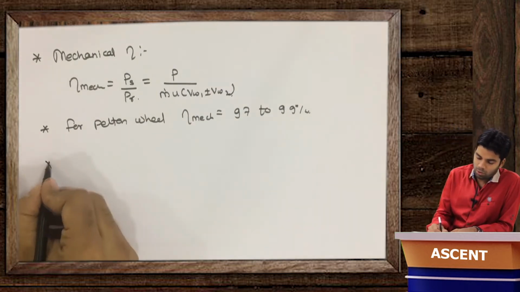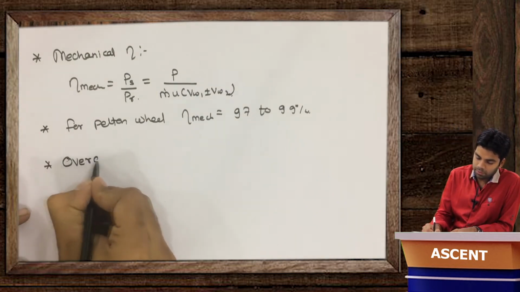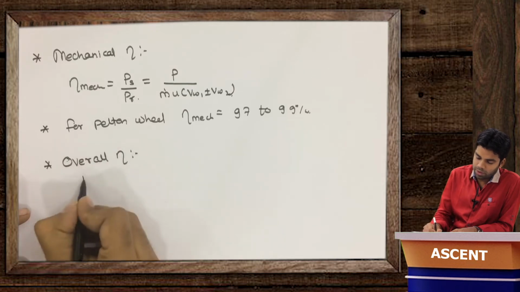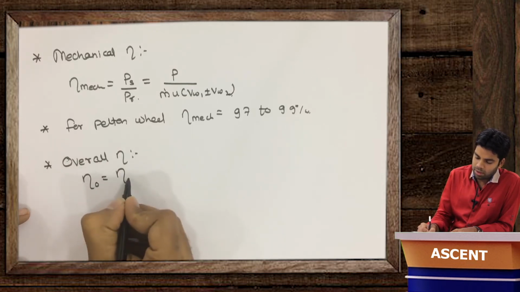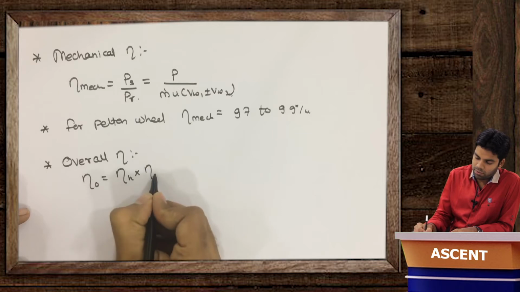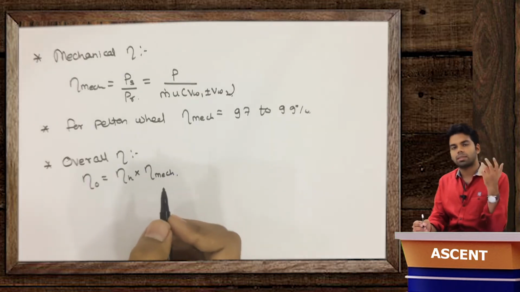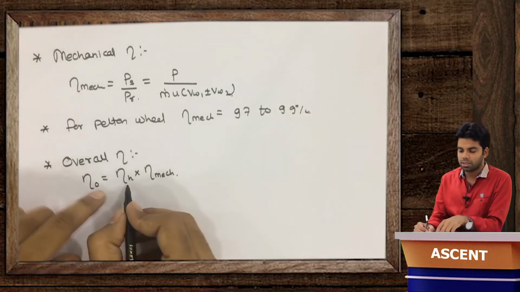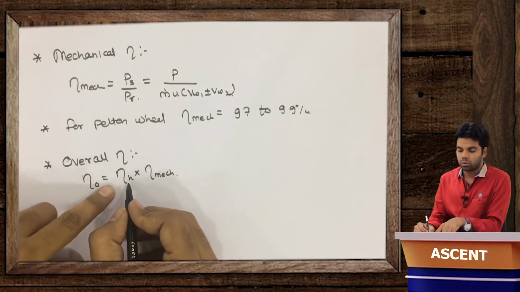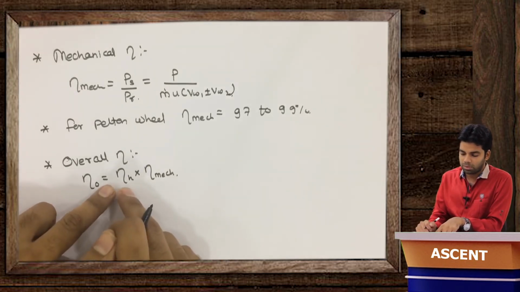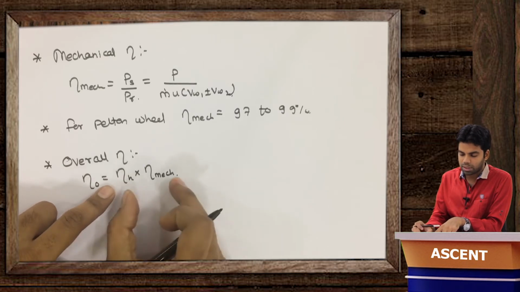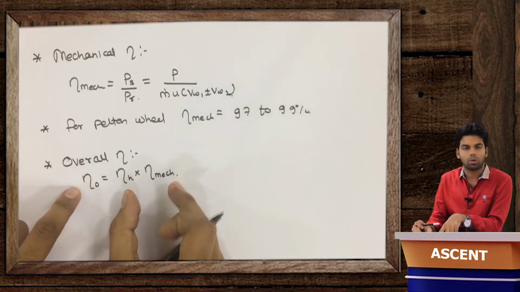Okay, so this is nothing but mechanical efficiency. Next efficiency is the overall efficiency. Now what is overall efficiency? Overall efficiency is nothing but combination of hydraulic efficiency and mechanical efficiency. Now as I told you, we have already considered the nozzle efficiency and blade efficiency in this hydraulic efficiency, so no need to consider that. Just the product of hydraulic efficiency and mechanical efficiency will give us overall efficiency.